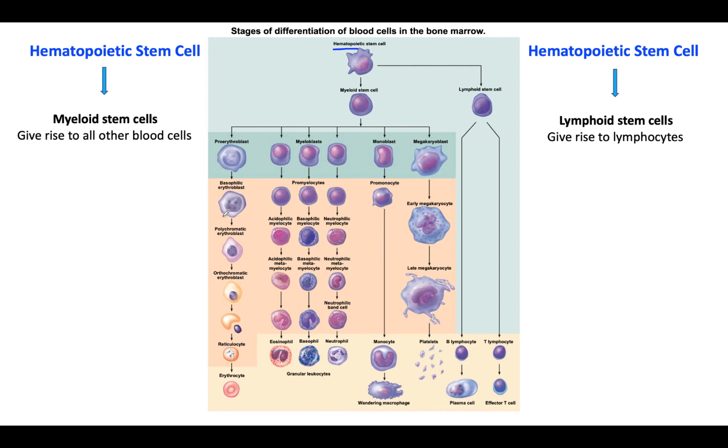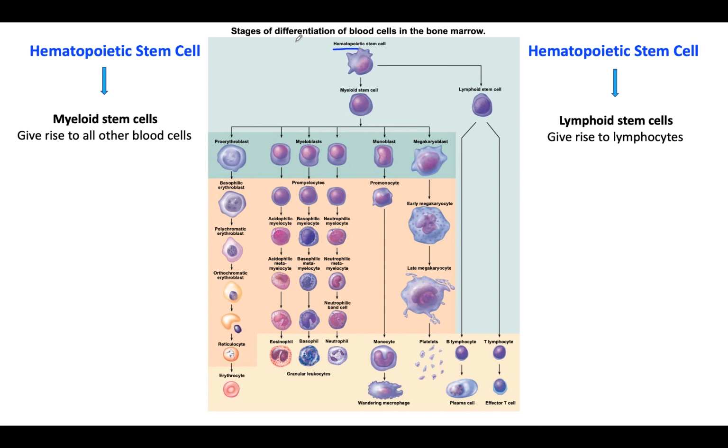Let's look at this diagram showing cell lines in blood cell formation. All formed elements originate from one cell type called hematopoietic stem cell. Hematopoietic stem cell is pluripotent.